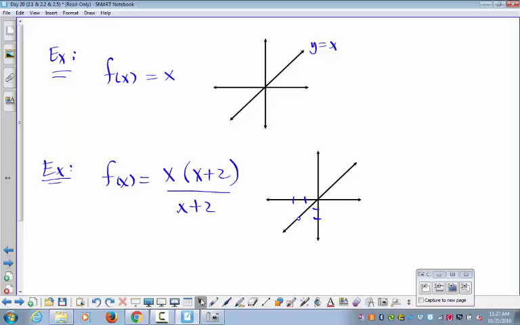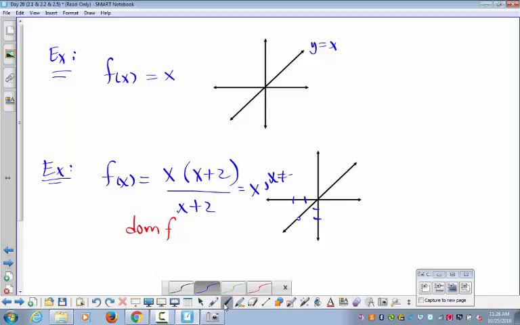So you can take points out by multiplying top and bottom by a common factor. When you're asked for the domain of a function, you have to look at the presentation of the function in its original form. This certainly reduces to x, but it reduces to x with the caveat that x is not allowed to be -2, because that's how it was presented originally.